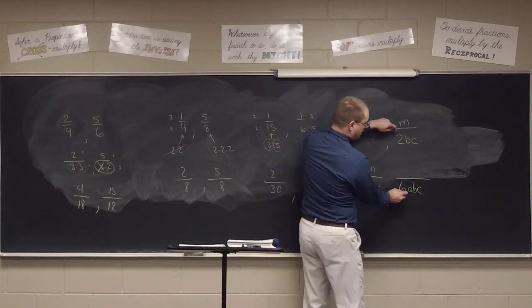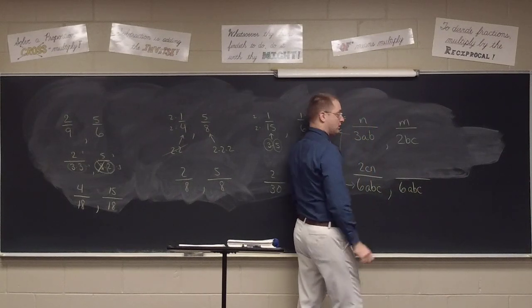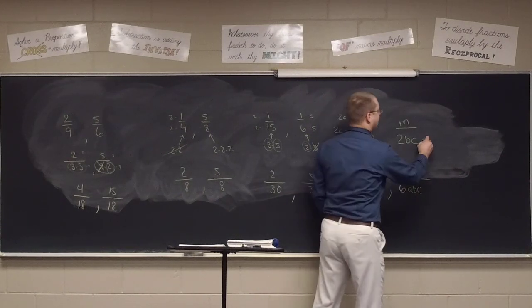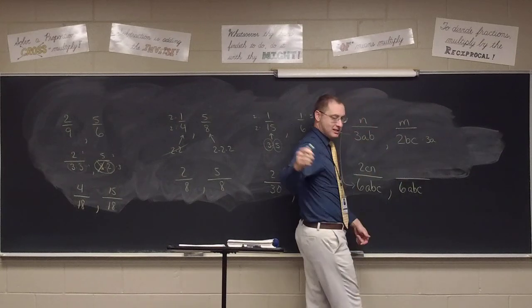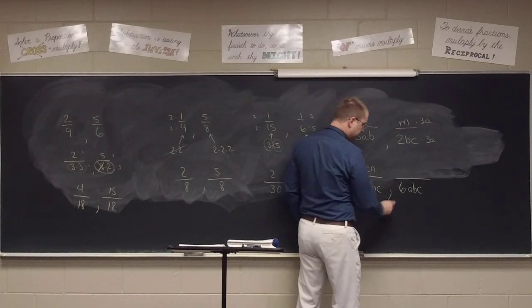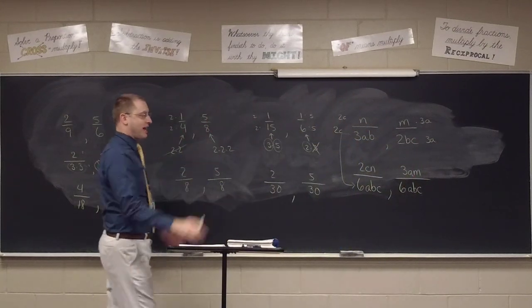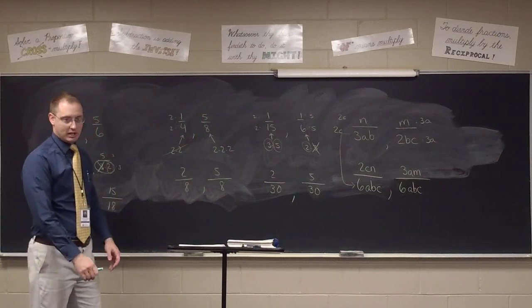Maddie, what changed? 3A. And if it changes in the bottom, class, it changes in the top. Maddie, what's my numerator? All right, and there's our fractions with equivalent denominators.